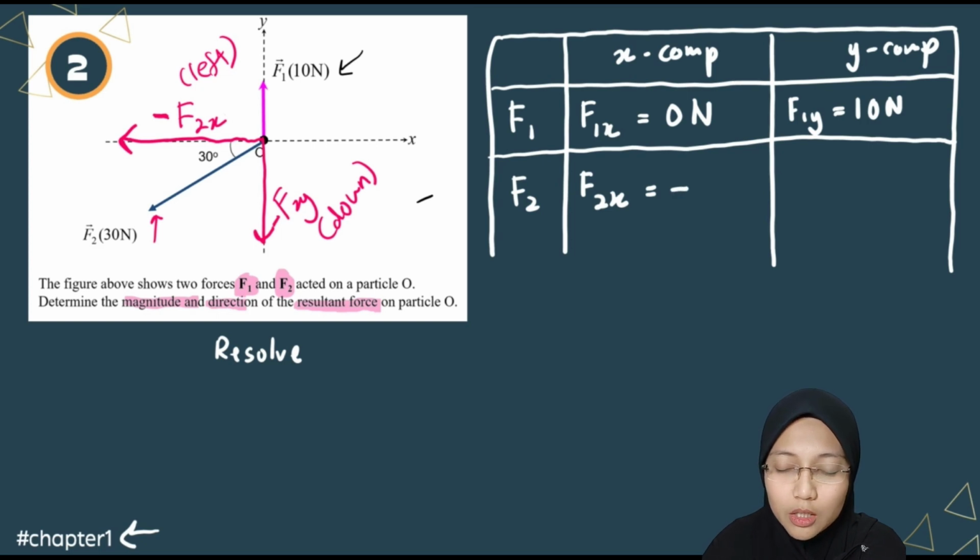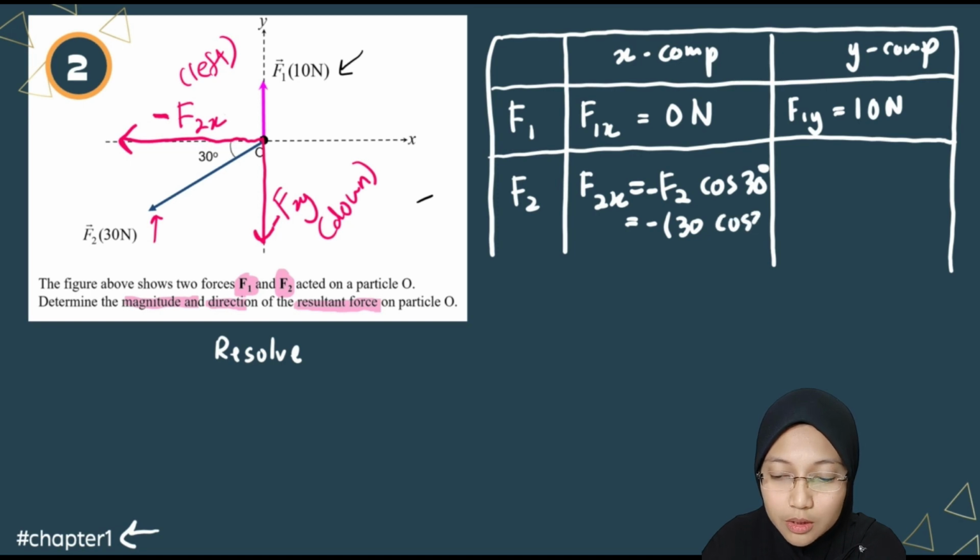Okay, the equation here, now we consider the sign convention. F2x is equal to negative F2 cos 30. Then you can calculate: negative 30 cos 30, and your force is negative 25.98 Newton.